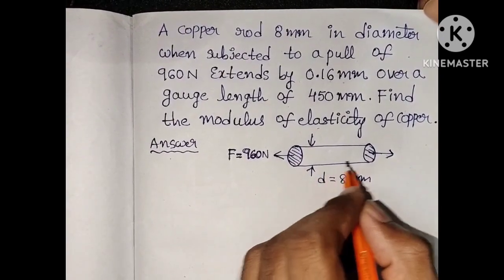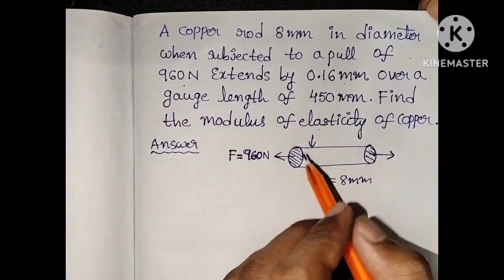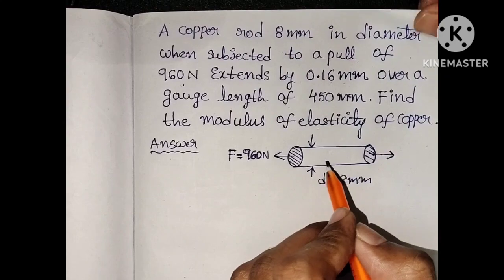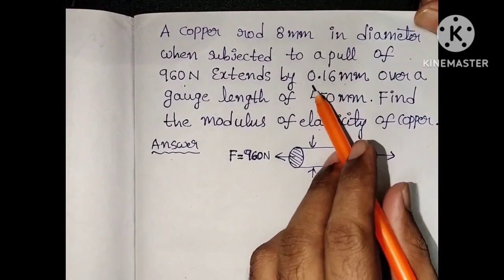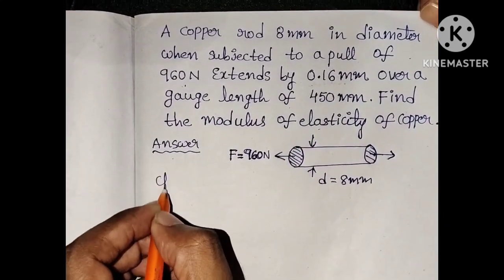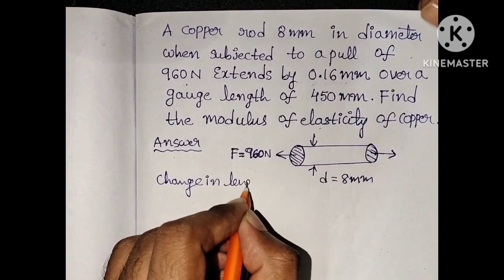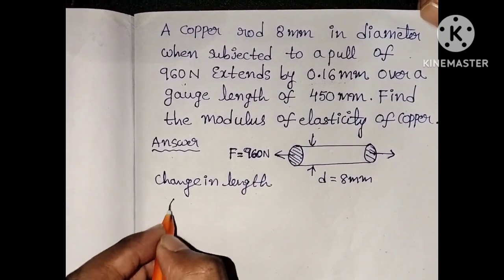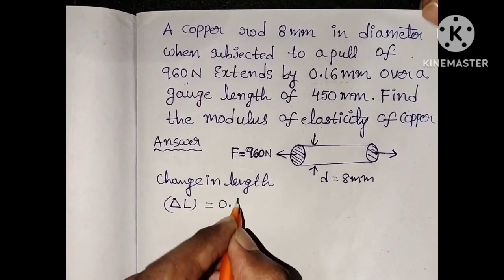Due to this pull of 960 newtons, the rod elongates along the direction of force. So here the extension, the change in length, delta L, is 0.16 mm.